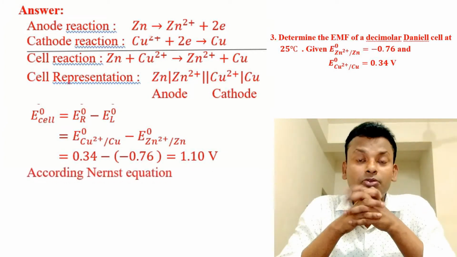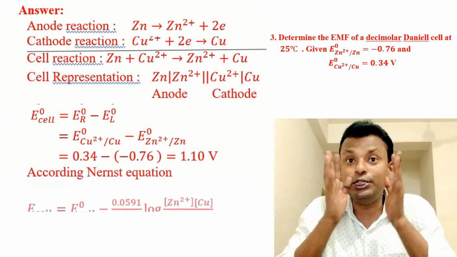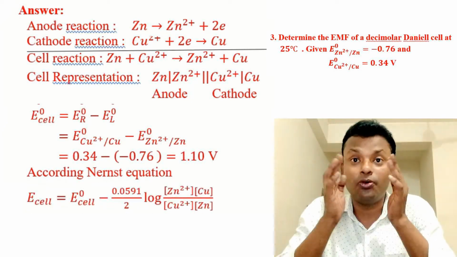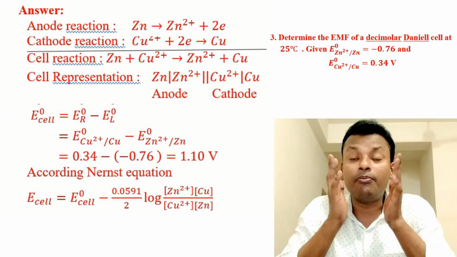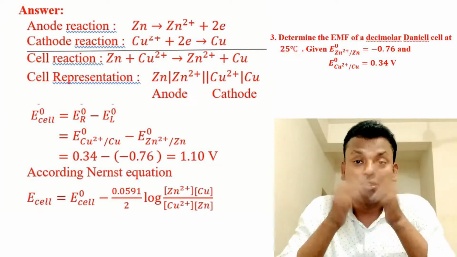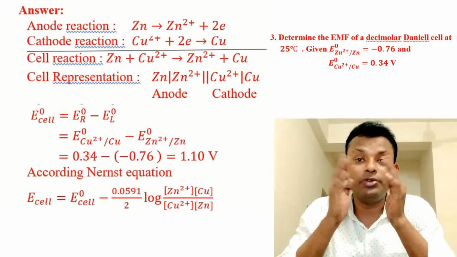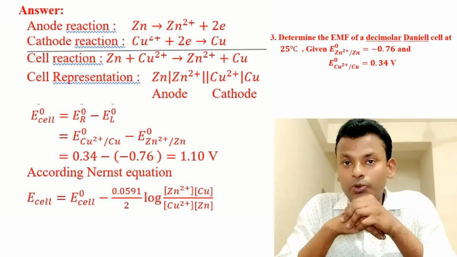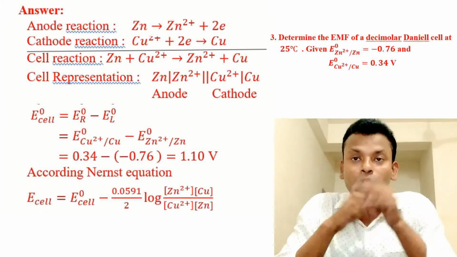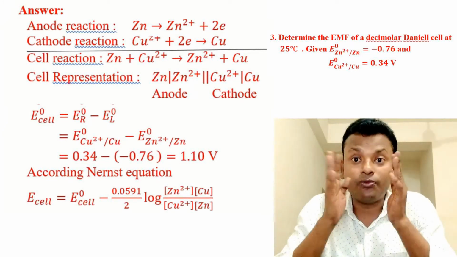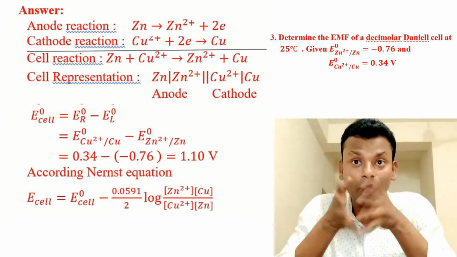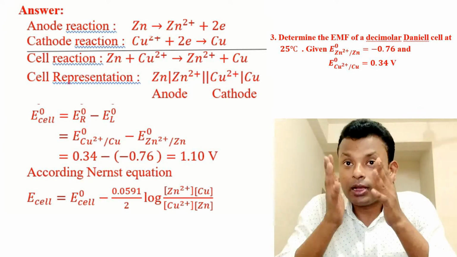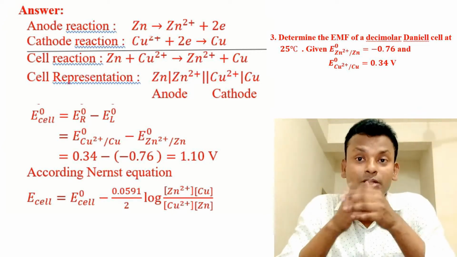According to Nernst equation, E cell equals E0 cell minus 0.0591 by n log concentration of Zn2 positive into concentration of Cu by concentration of Cu2 positive into Zn. We know that the concentration of solid equals 1, so Zn and Cu equal 1.